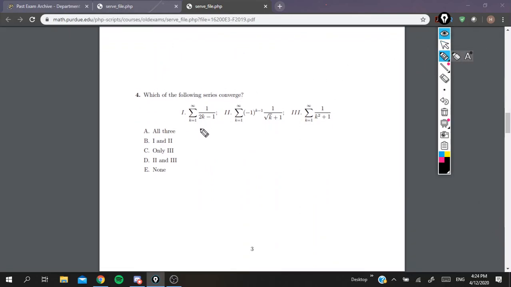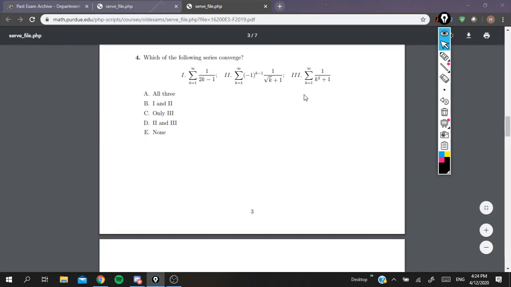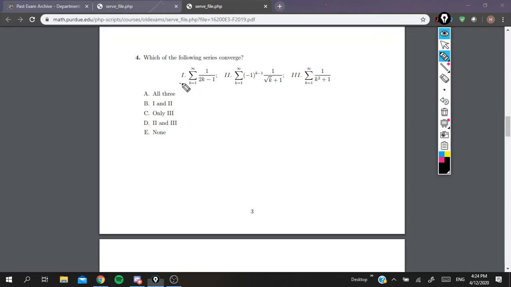So for part 1, you can use the direct comparison test or the limit comparison test, comparing to this. And from looking at it, we can see that this series will always be bigger than that series, because you are subtracting 1.